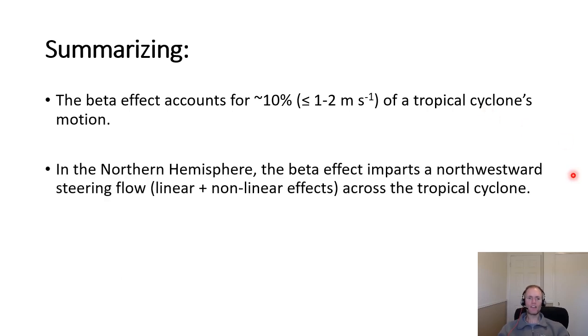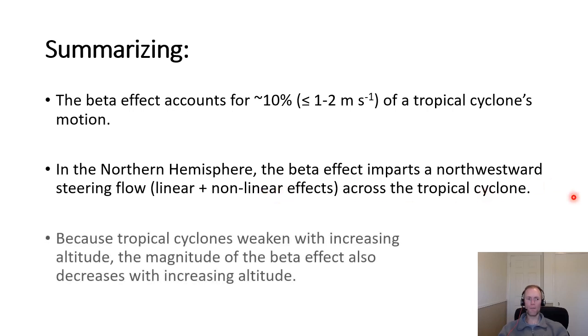This beta effect, which owes its existence entirely to the north-south variation of the Coriolis parameter across the cyclone, imparts a northwestward steering flow in the northern hemisphere, a very small westward and a larger northward steering flow for the linear and nonlinear effects, respectively, across that tropical cyclone.